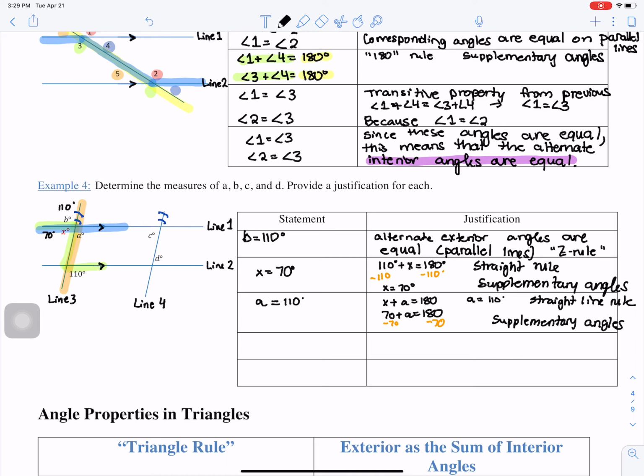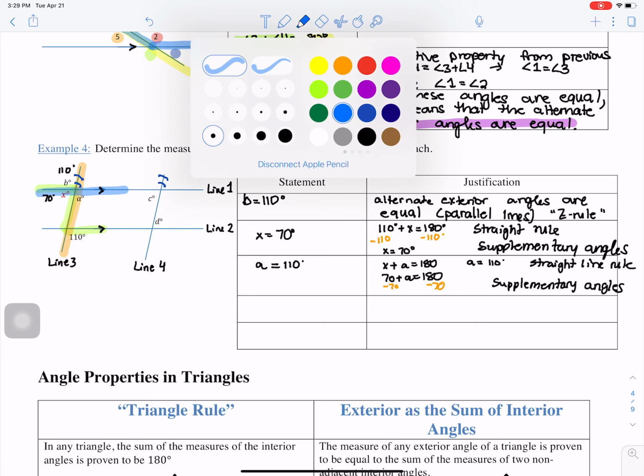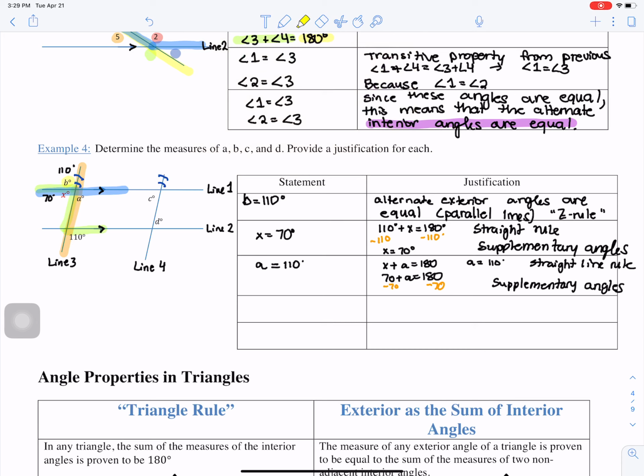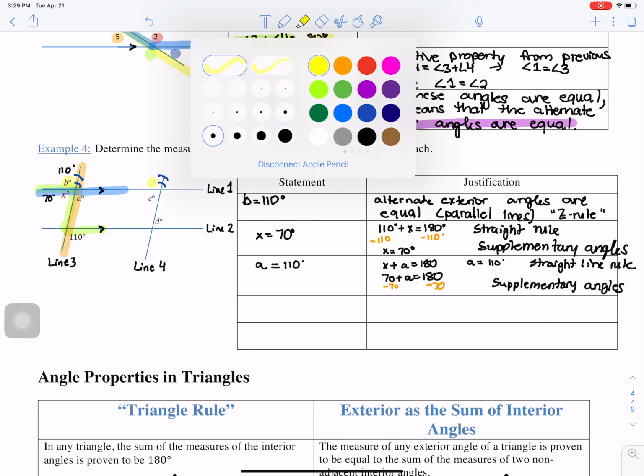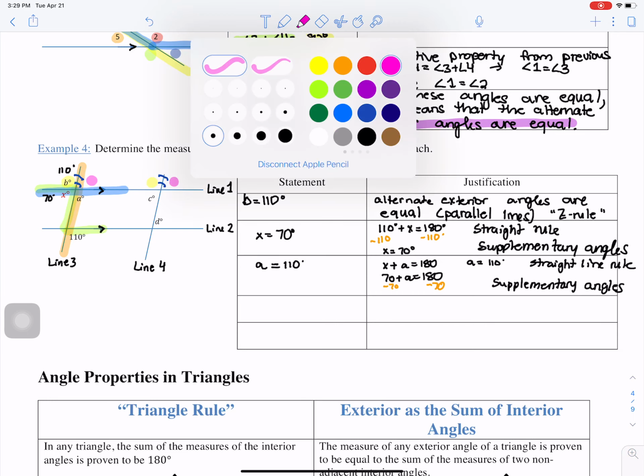Now we're left to find C and D. Now C and D are lying on parallel lines. So what I'm going to do is if I label my corresponding angle, so B goes with the top left. The other side of B, the top right of line 3 and the top right of line 1 would be the same.